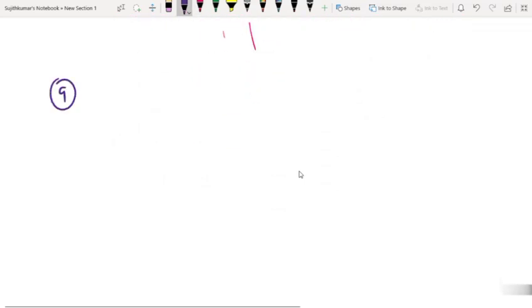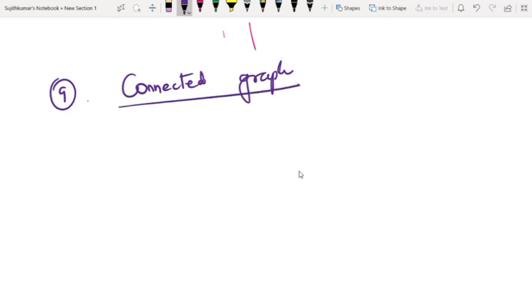The ninth concept here is connected graph. It's very simple. A connected graph may look like this.